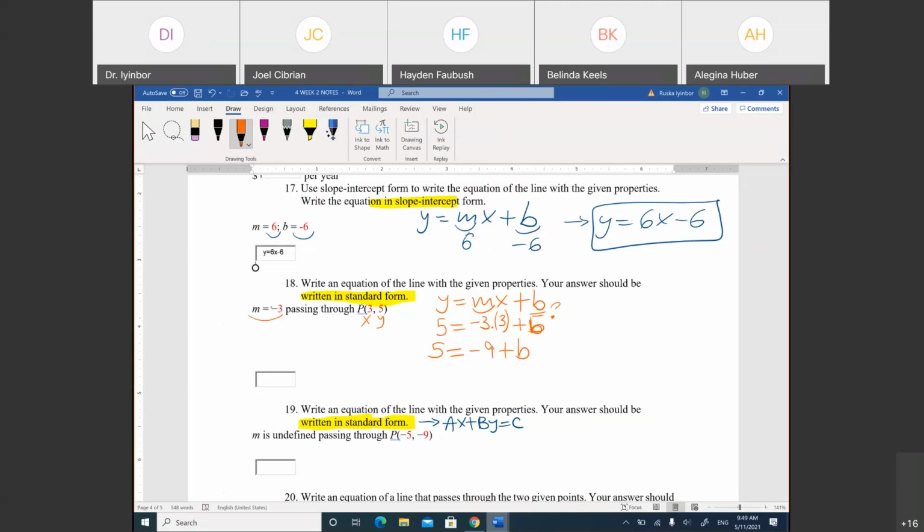Okay, so can you guys tell me how to get b by itself now? 5 equals negative 9 plus b. What are you doing to get b by itself? How are you going to find b?